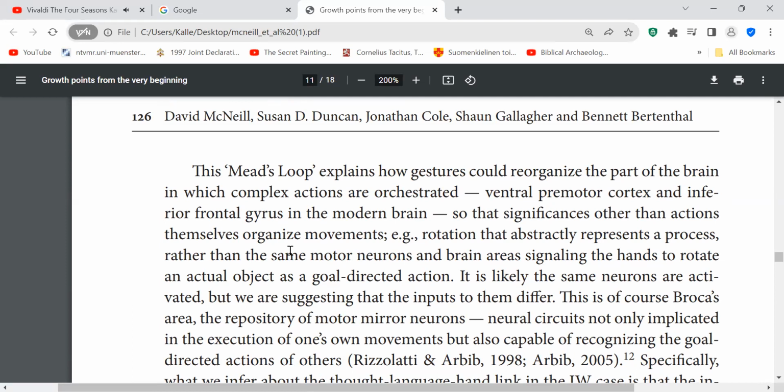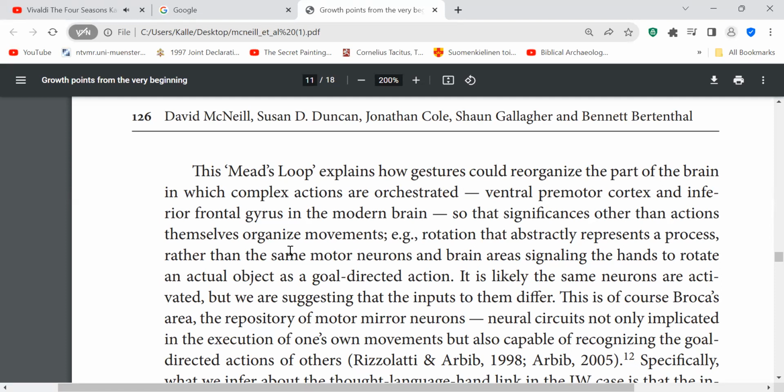This Mead's loop explains how gestures could reorganize the part of the brain in which complex actions are orchestrated, the ventral premotor cortex and inferior frontal gyrus in the modern brain, so that significances other than actions themselves organize movements.